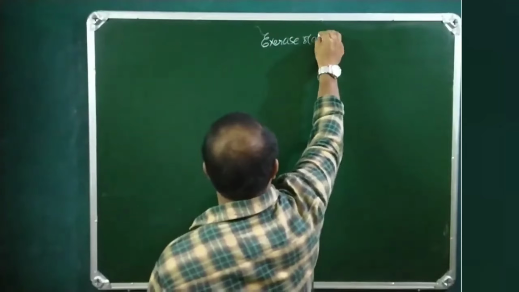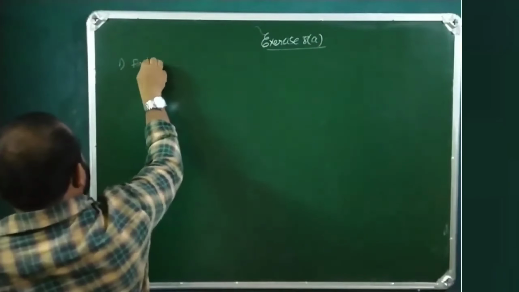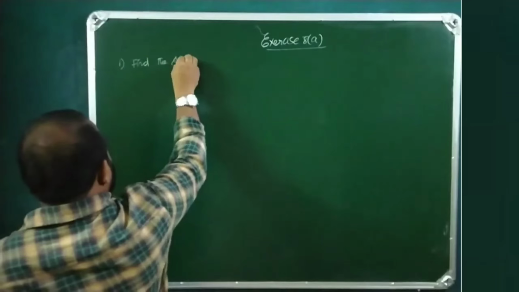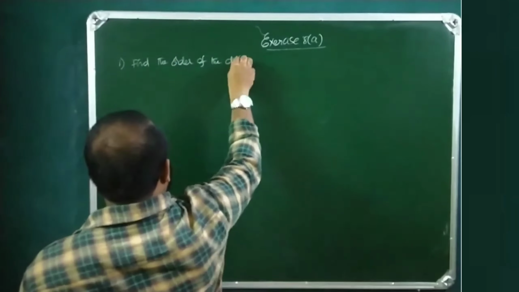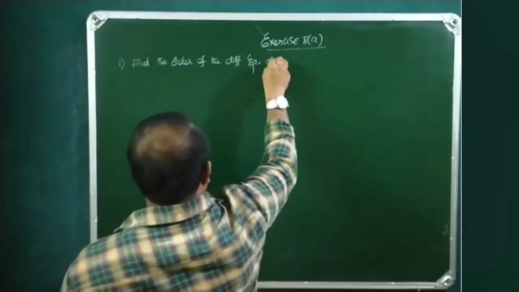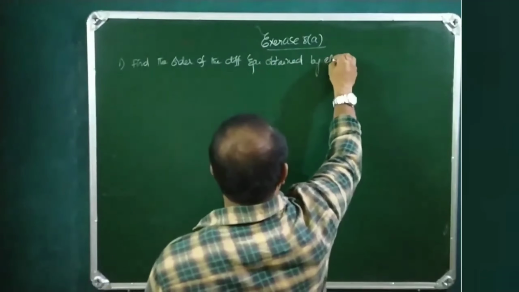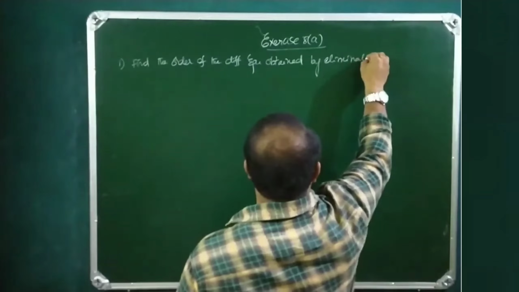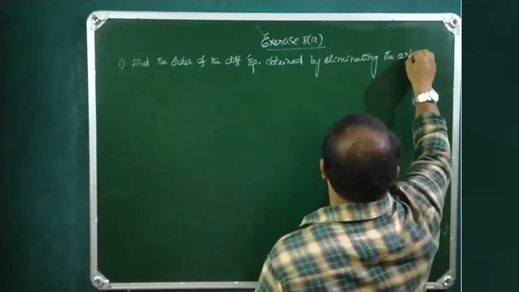Exercise 8a. So the first problem is: find the order of the differential equation obtained by eliminating the arbitrary constants.